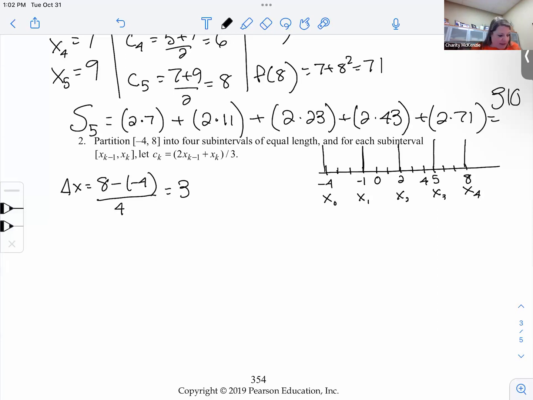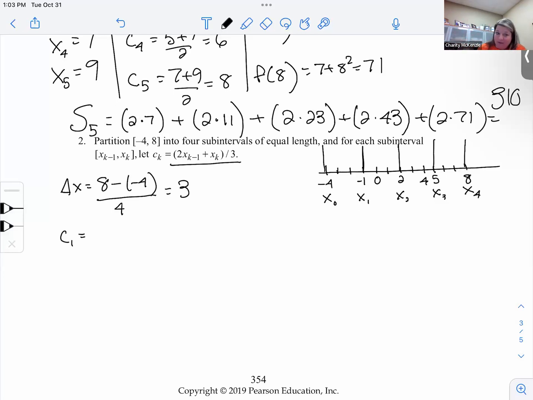All right, so then from here, we're going to do our C sub 1. Our first C is using the first 2 numbers, and this time it says to take 2 times the first one plus the second one and divide it by 3. So basically, you're going to break it into 3, but you want to be a little more to the left.